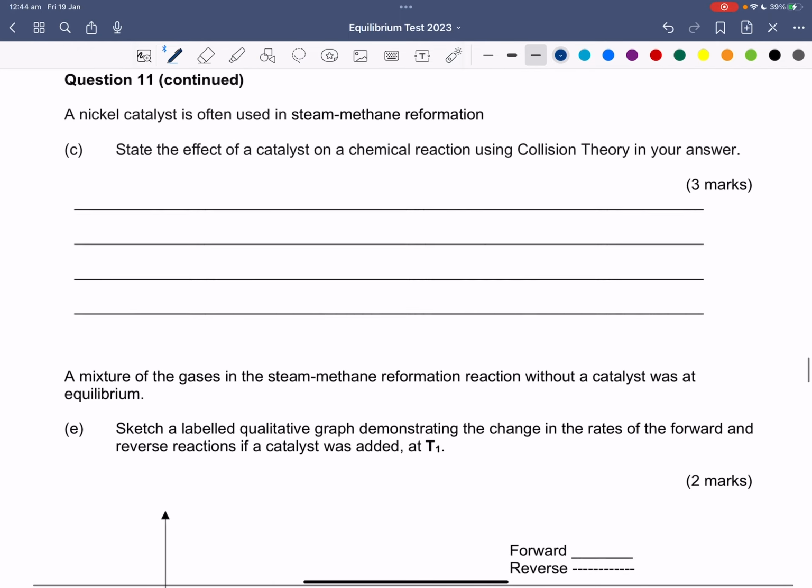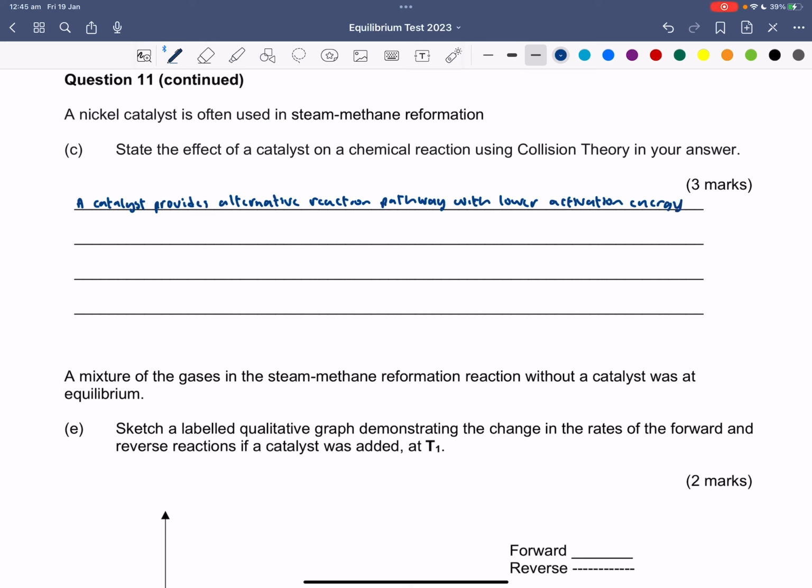Next, a nickel catalyst is often used. State the effect of a catalyst on a chemical reaction using collision theory. Okay, so this is again easy marks. A catalyst provides an alternative reaction pathway with a lower activation energy.